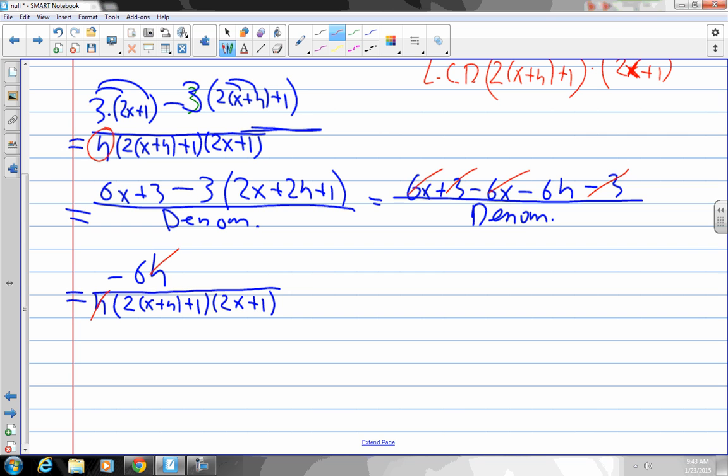I killed the original h in the denominator. So the answer is negative 6 over 2 times x plus h plus 1, times 2x plus 1.